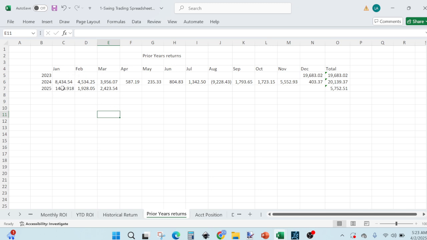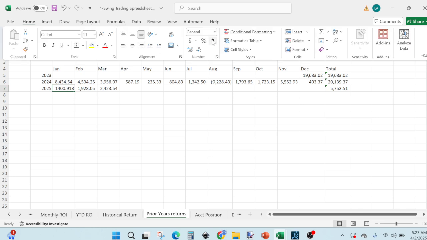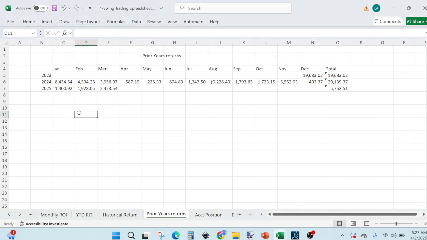So we are still using what we have there plus the profit that we made from last year. So pretty much the same capital, but we can just compare how we are doing this year compared to last year.